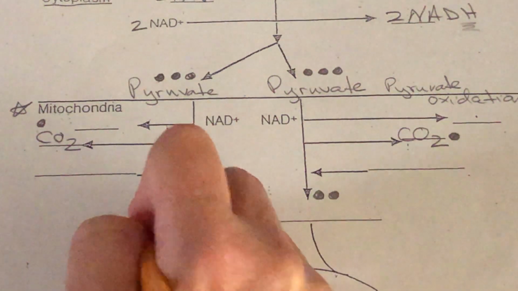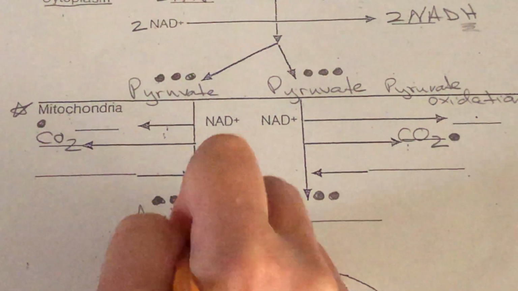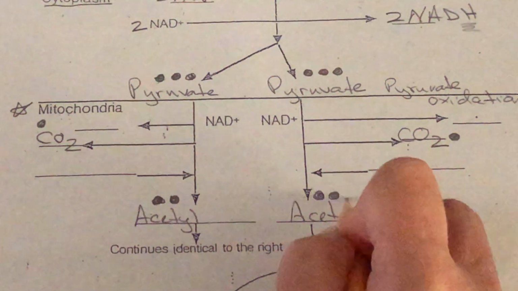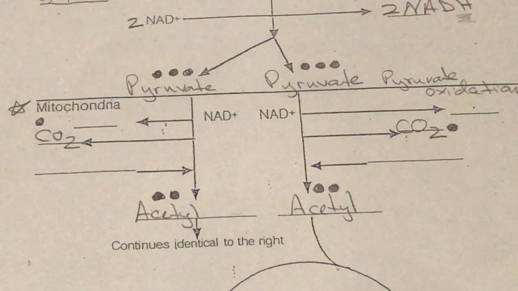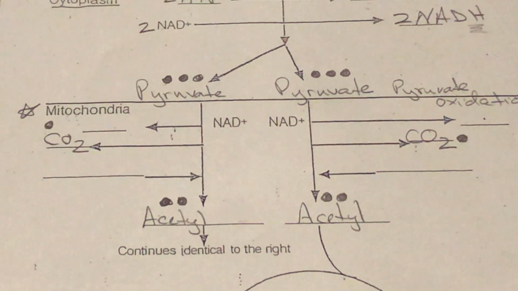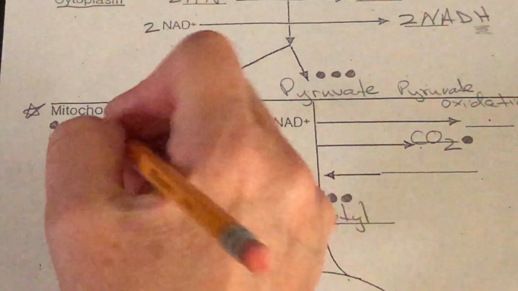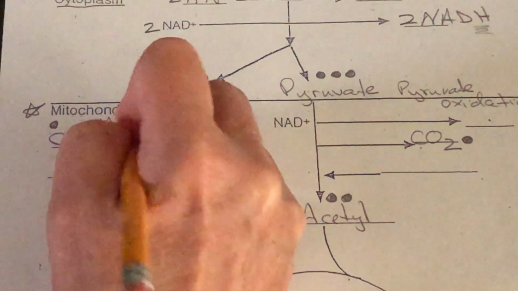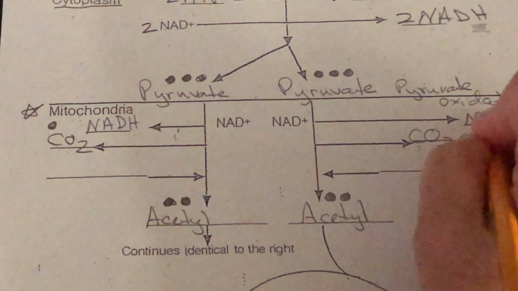And the name of this is acetyl. I'm leaving a blank here because we're going to add to the name. Now, when we break off that carbon in the form of CO2 gas, we're going to release hydrogen ions and electrons. So we're going to make NADH here, and we're going to make NADH here.